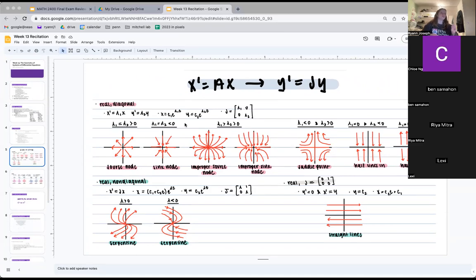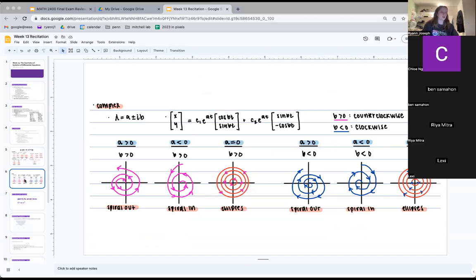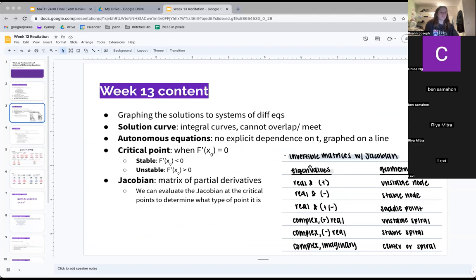Based on the eigenvectors, what does it look like? And again, these are the eigenvectors of the Jacobian. And then same thing for imaginary or complex. As you can see, based on the eigenvalues, what is the geometry with the Jacobian?